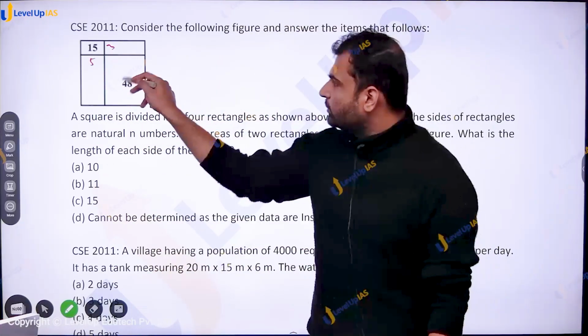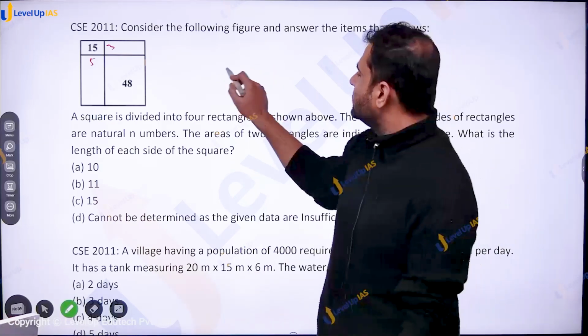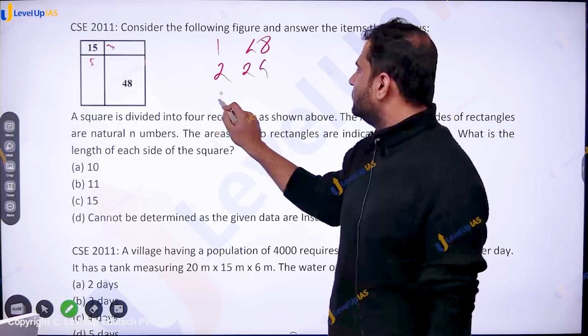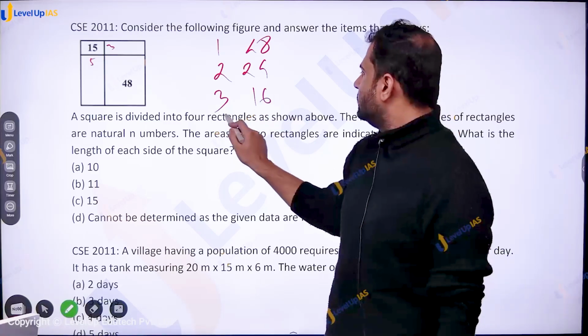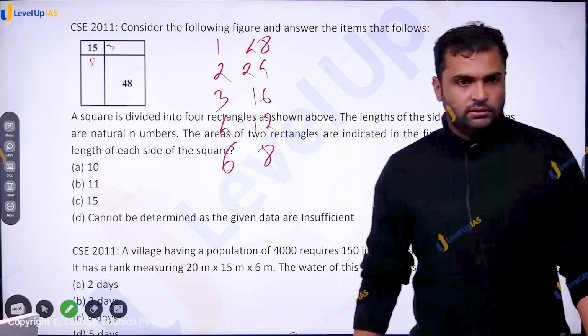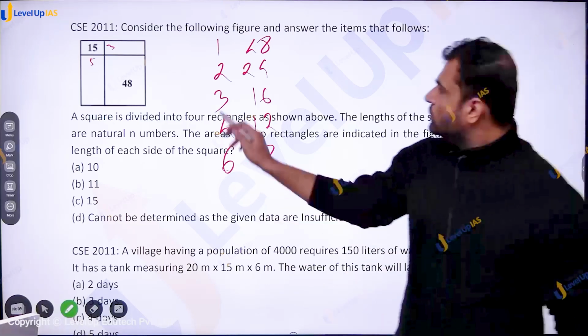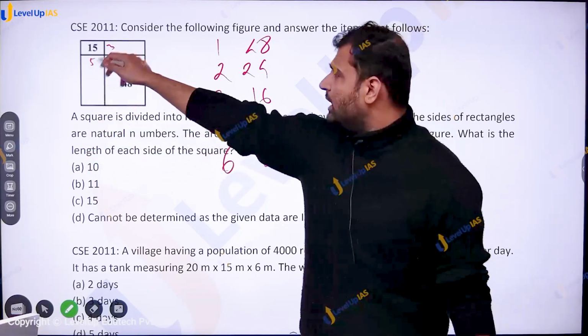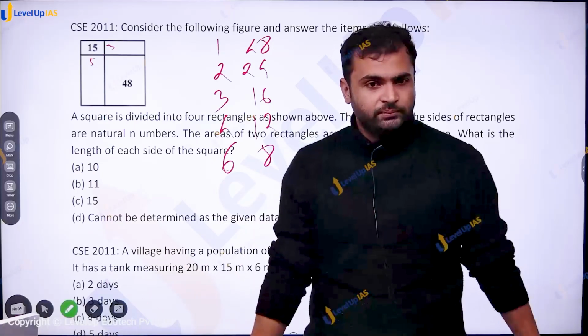Now, what are the possibilities for 48? You can have 1 and 48, 2 and 24, 3 and 16, 4 and 12, 6 and 8, that is all. So let us reject all the cases one by one, assuming that this is 3, 5.